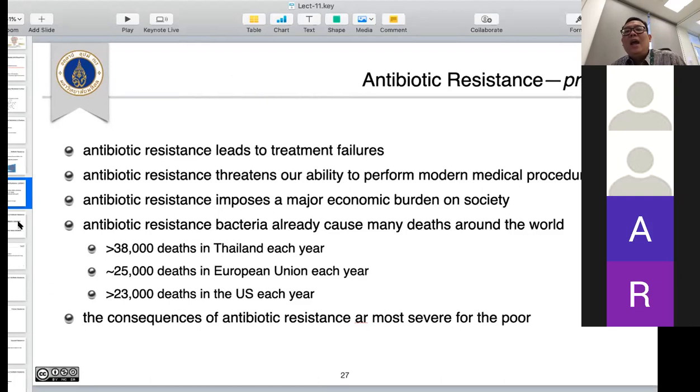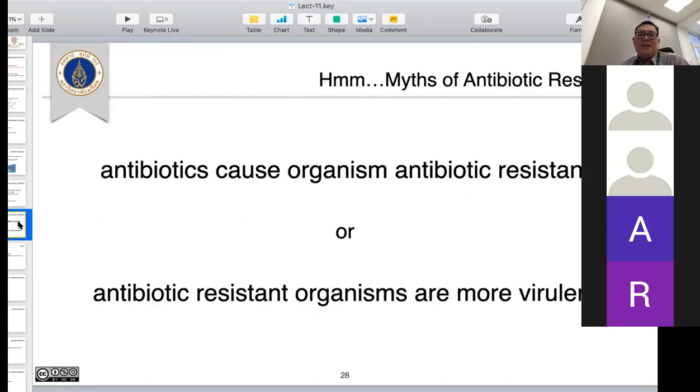Well, I'll say bacterial infection will occur with poor countries. The rich country will get problems with viral infection. Okay, so we are not so sure whether applying antibiotics causes bacterial resistance, or whether bacteria are resistant because they gain virulence inside the bacteria itself.